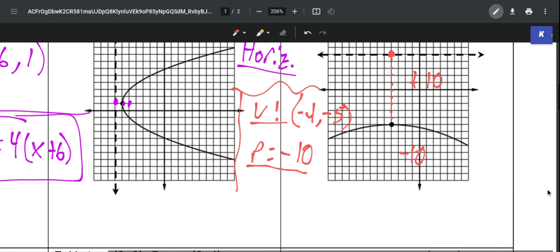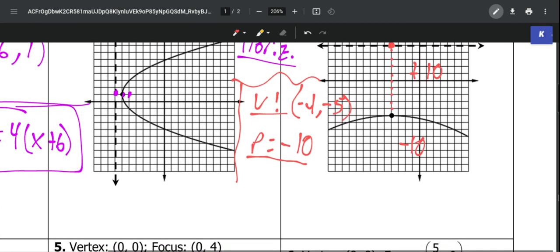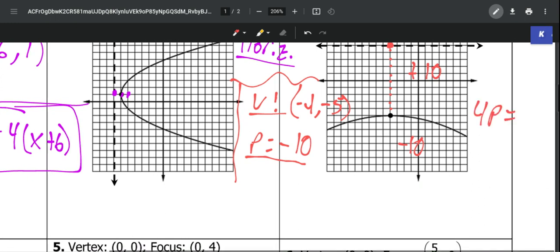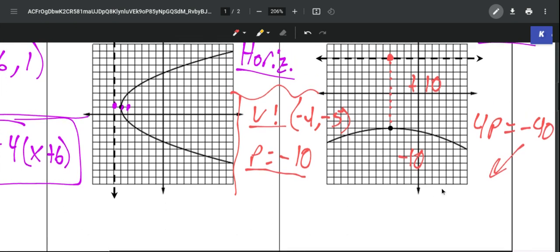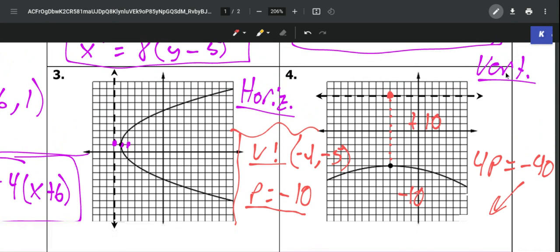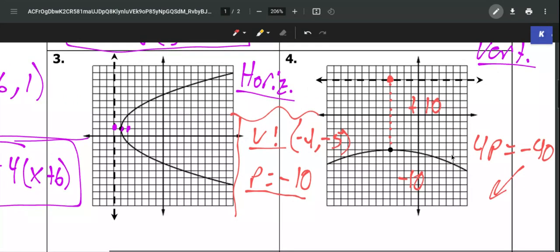So we're going to take all of that and plug it into our equation. What you could go ahead and do is decide what 4P would be. So if P is negative 10, then 4P would be negative 40. That way you can just plug that into your equation. So our equation is, we've got a vertical parabola.